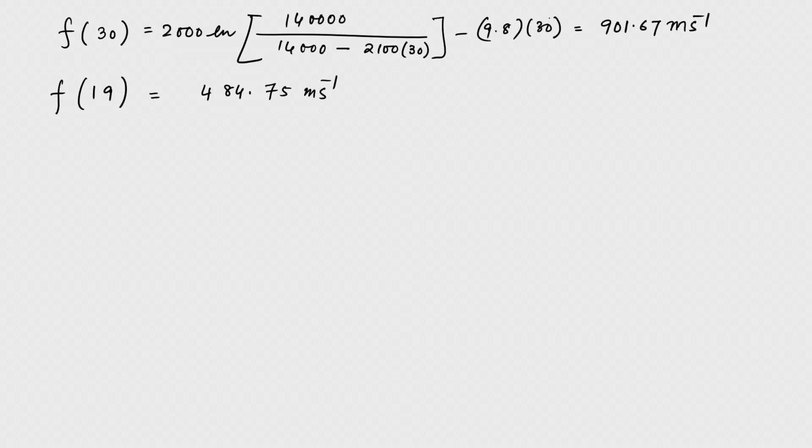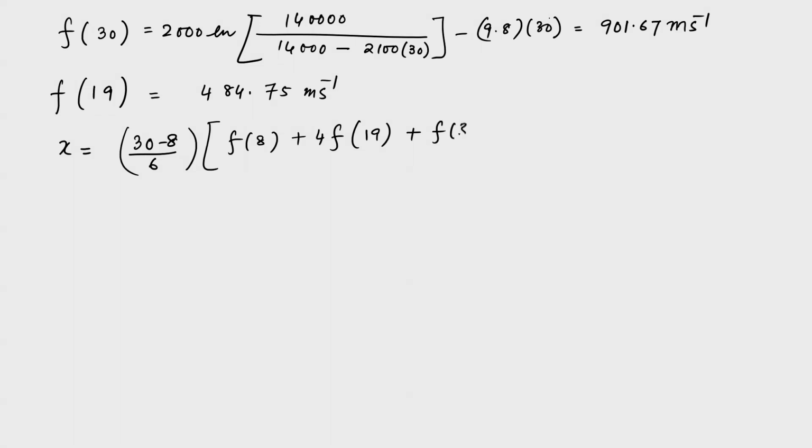So, now I got the value of the function at all the 3 sampling points, which are the end points and a point at the middle. Now I am ready to put it into the formula, which is b minus a by 6, which is 30 minus 8 divided by 6, times f of 8 plus 4 f of 19 plus f of 30.